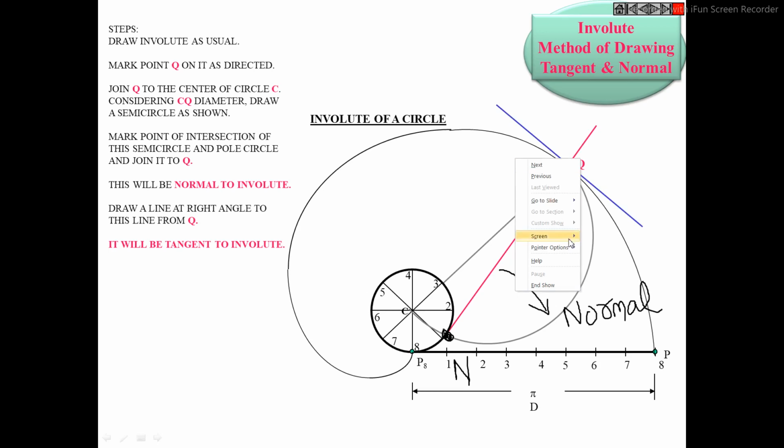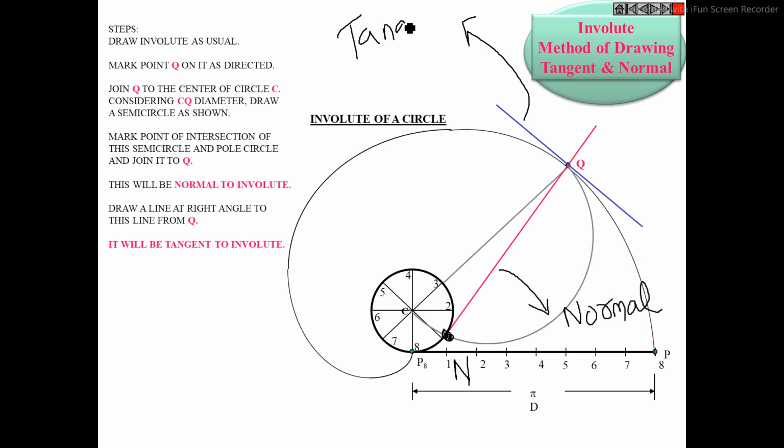This 90 degree blue color line is your tangent to the given involute curve passing through point Q. This is the process of drawing tangent and normal to the given involute curve. Any doubt? Clear, sir. Others please respond. Is it clear? Any doubt in this tangent and normal part?